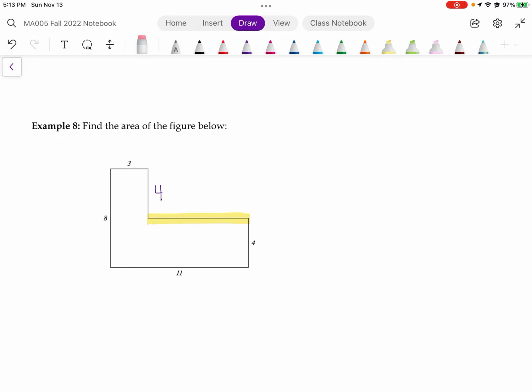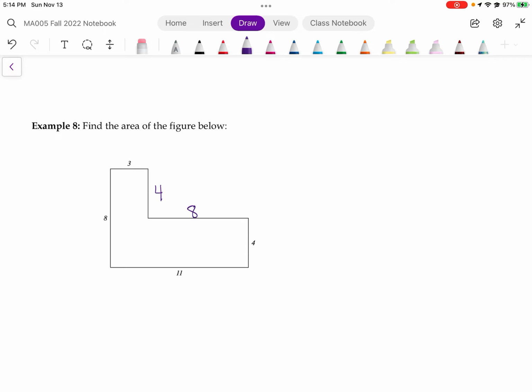So this is 11, that's all the way across, and this is 3. So then what is this? So 11 minus 3 is 8, so that must be 8. All right, I'm going to erase some of this mess. There we go, we have everything all labeled.